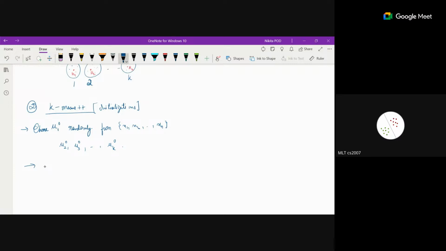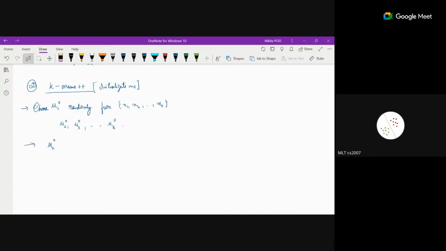So for mu2 not, let's say this is my data set and I have selected one of the points as mu1 not.